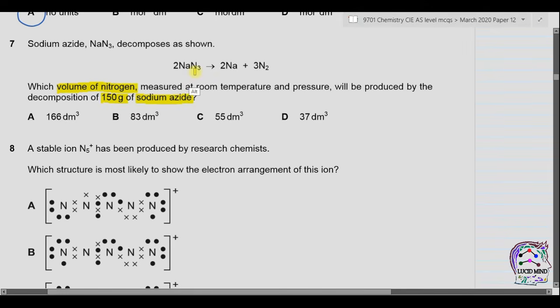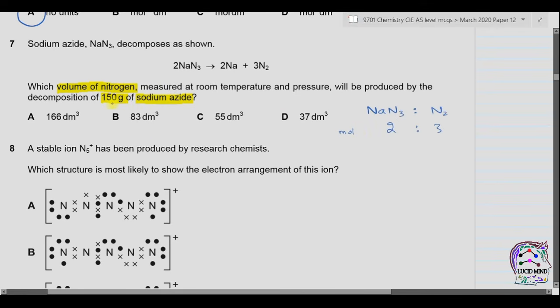So sodium azide decomposes to give sodium atoms and nitrogen gas. First we are going to find the ratio between the given components, Na(N3) and nitrogen. According to the balanced chemical equation, 2 moles of Na(N3) produces 3 moles of nitrogen.